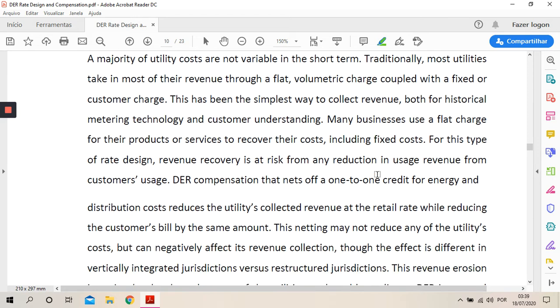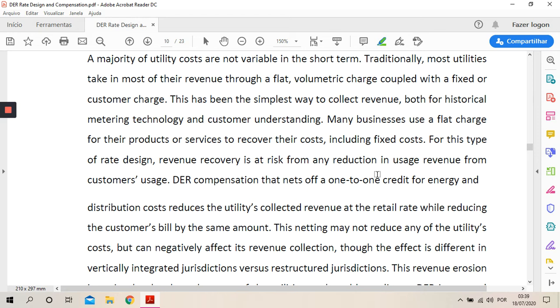Traditionally, most utilities take in most of their revenue through a flat volumetric charge coupled with a fixed or customer charge. This has been the simplest way to collect the revenue, because of historical metering technology and customer understanding. Many businesses use a flat charge for their products or services to recover their costs, including fixed costs.